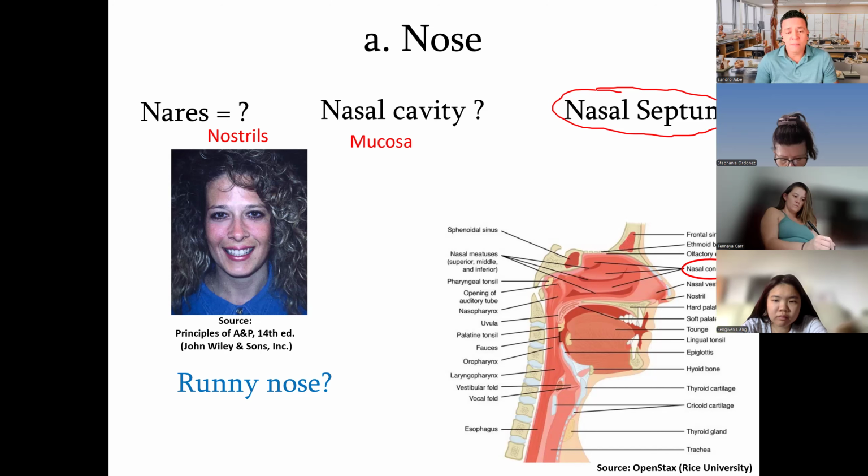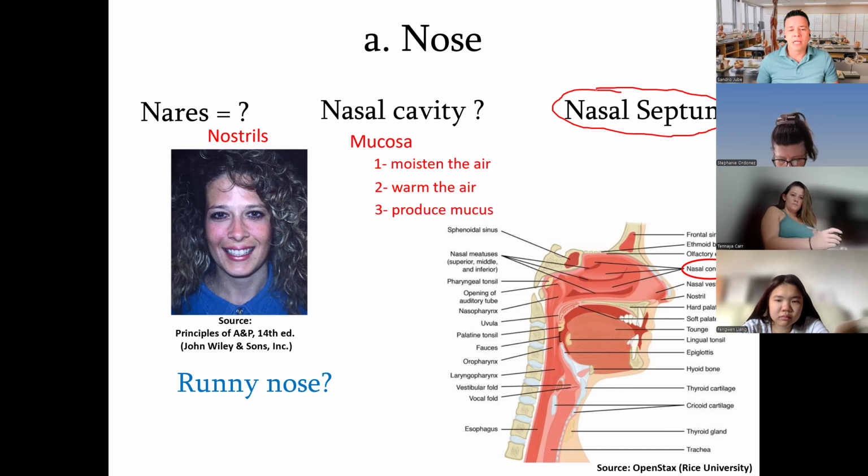The mucosa helps to moisten the air, because the mucous membrane makes fluid, it makes mucus. It moistens the air and also warms the air. And the mucus helps to trap pollutants, pathogens, and fibers coming inside of our nasal cavity, preventing them from going inside of the lungs.